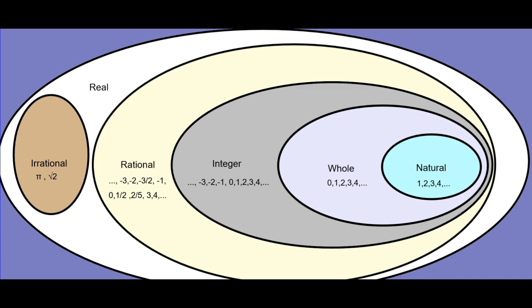So here we start off with our different sets of numbers. Now when I first learned these, I thought they were a little ridiculous. Like in my Algebra 1 class, I thought, man, what does it matter to separate them into natural, whole, integers, and all this stuff?